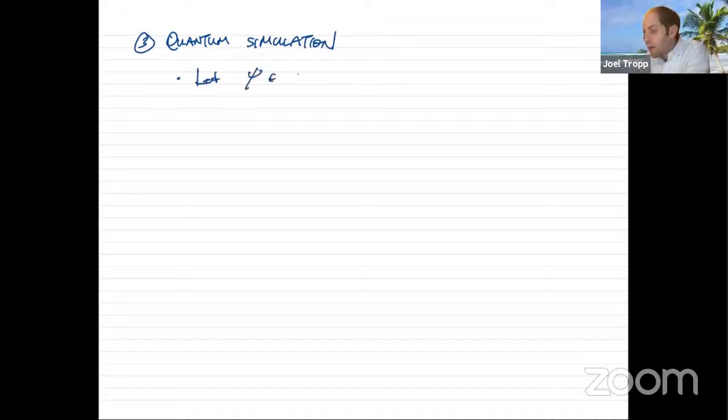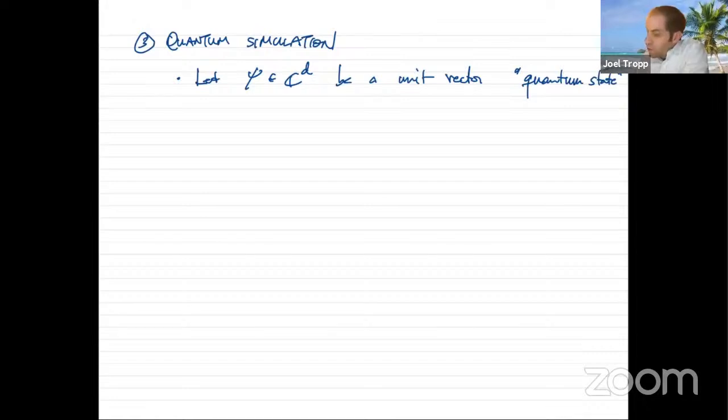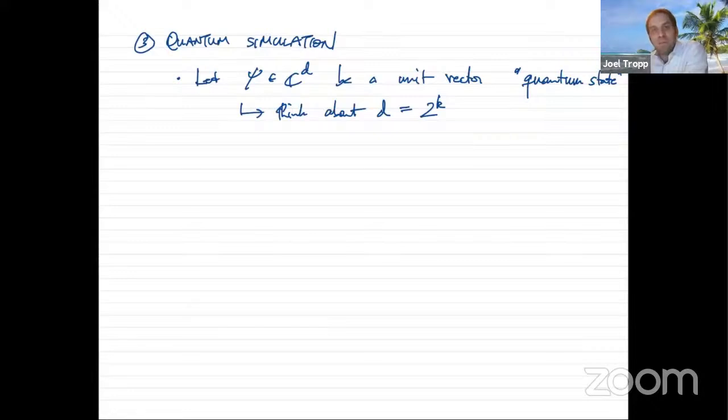So we're going to let psi in C^D be a unit vector, which is also known as a quantum state, or more precisely, a pure quantum state. And you should think about D as being really big, like exponentially large, 2 to the K, where K is the number of pieces of information that are contained inside this vector.